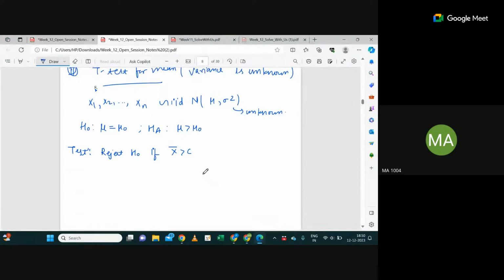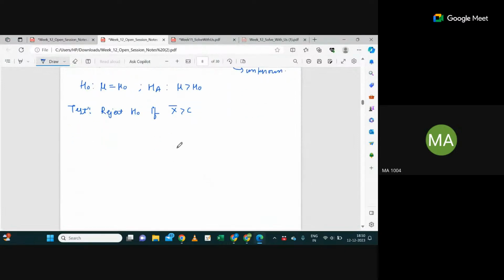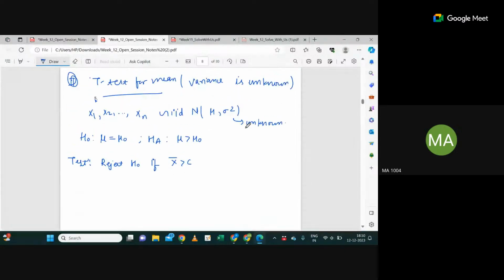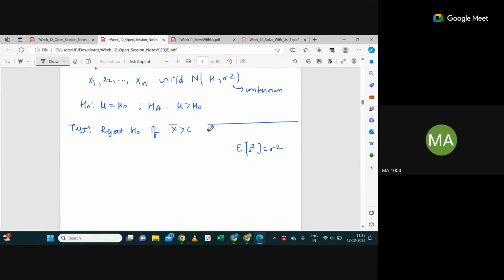Now, if the population variance is unknown to us, one thing we know is that the expected value of sample variance is sigma square. We have done this, I think in week 7.